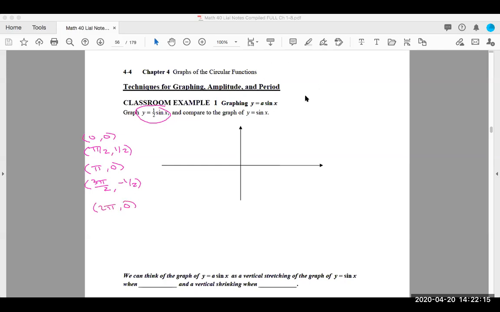Want to emphasize that the points for the parent over here are 0, 0, pi over 2, 1, pi, 0, 3 pi over 2, -1, and 2 pi, 0. So 0 would be here and 2 pi is somewhere out here.